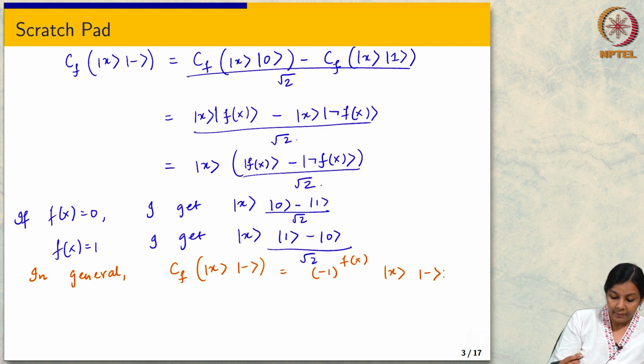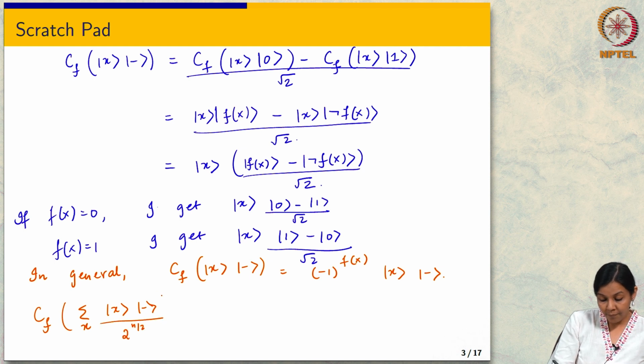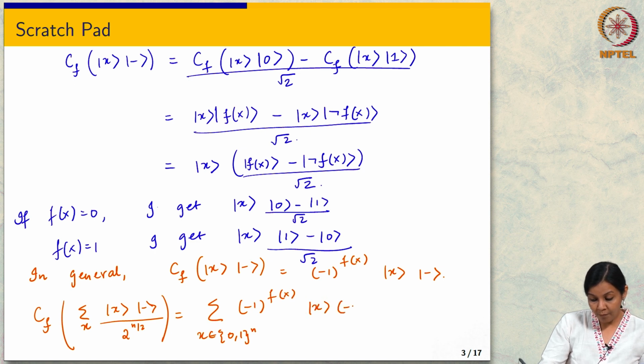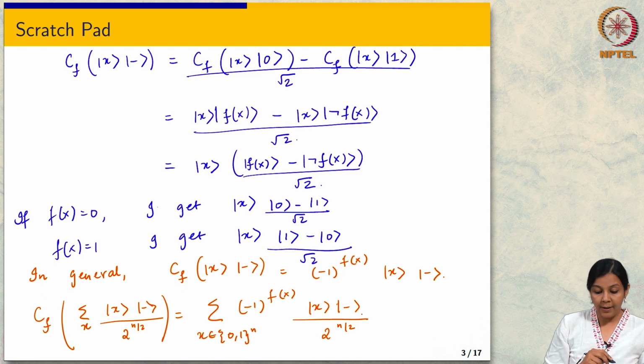And if I apply this to a superposition, so instead of just taking a single x, if I take the summation over all x, then I get the summation.